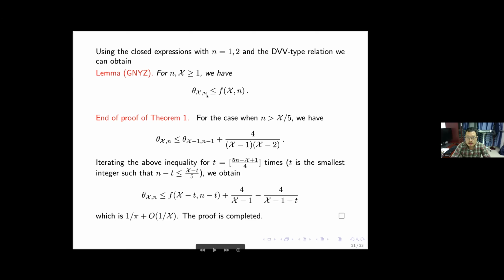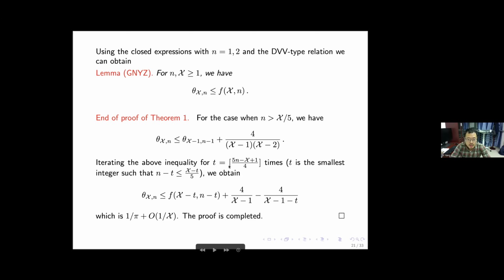The property of this f chi n is that we can prove it gives an upper bound for theta chi n, and from this, we can again use this DVV type relation. For n bigger than chi over 5, what we do is iterate this inequality t times, where t equals the integer part of (5n minus chi plus 1) divided by 4.